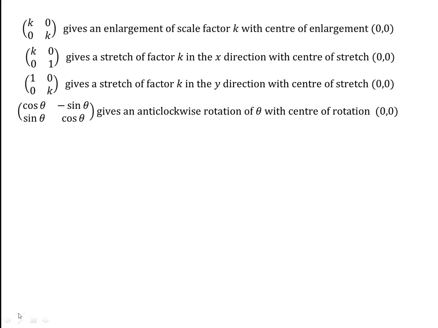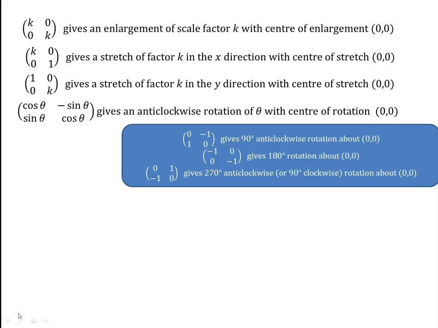We've seen that the matrix cos theta, minus sine theta, sine theta, cos theta gives an anticlockwise rotation of theta with centre of rotation (0, 0). And special cases of that are: if theta equals 90, we've got 0, minus 1, 1, 0, which gives a 90 degree anticlockwise rotation.